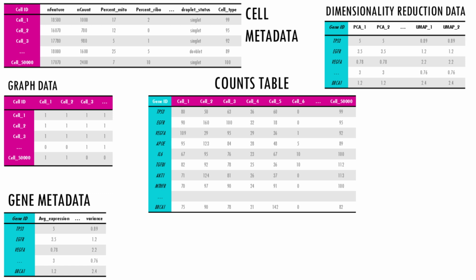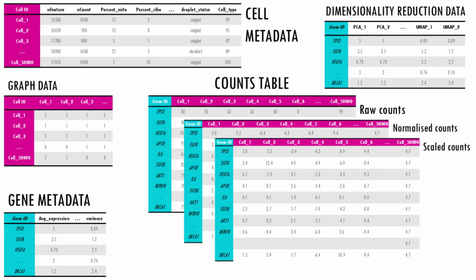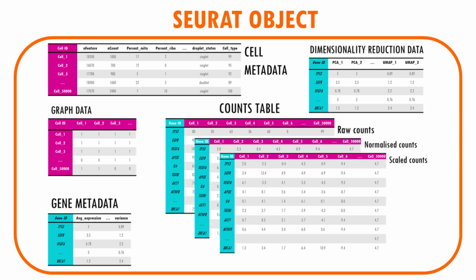We also have neighbors. And the counts can also have different transformations. Sometimes we need to work with raw counts, normalized counts, scaled counts. So all of these data types can be stored in an SRA object.